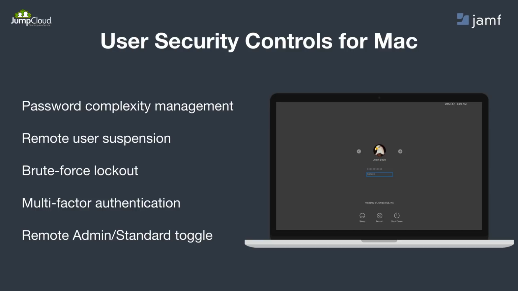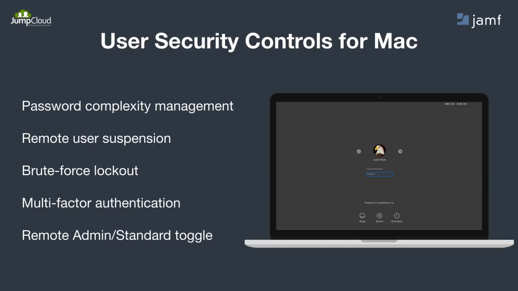Another popular feature that we have is the ability to control brute force attempts. So if someone gets a hold of an employee's Mac and they are attempting to bang in passwords, the administrator in JumpCloud can set how many attempts should be tried in succession before we lock the account and notify the employee, in addition to the IT staff, that this is happening. And finally, as mentioned, multi-factor authentication.